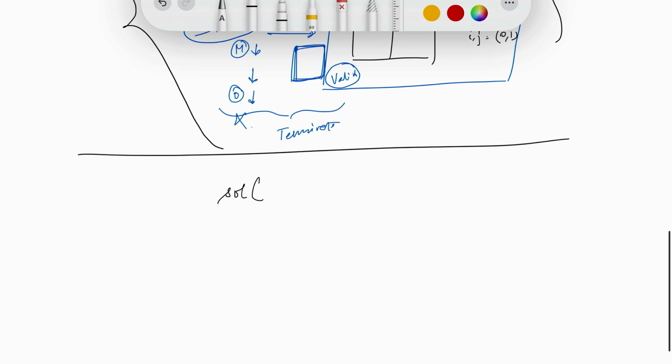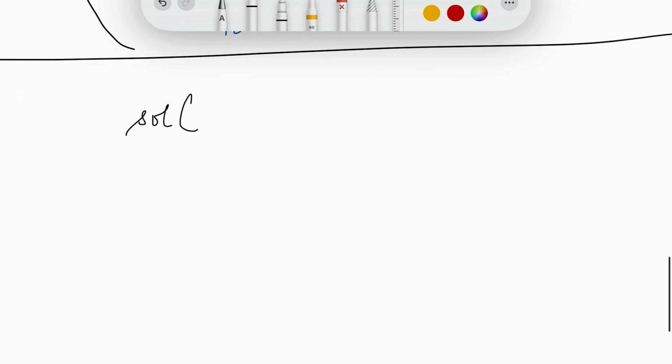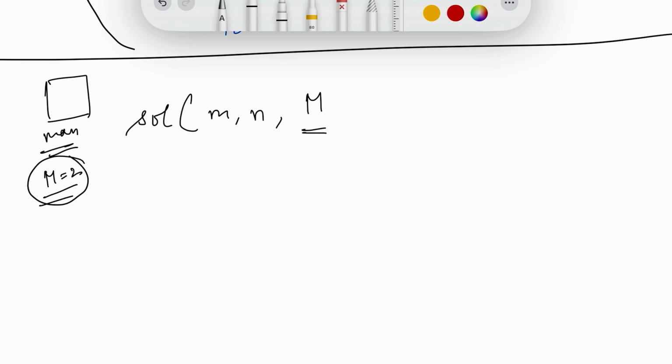Let's say in the solution function, we are getting 5 variables: small m, small n, which is the boundary or maybe a dimension of the grid. Let's say we have capital M. M is the number of moves, which was 2 in the previous example. Apart from that, we have our initial position, which was 0 in the above example.